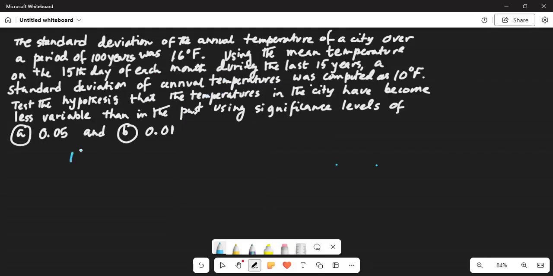So a null hypothesis, H sub 0, is sigma, the population standard deviation, equal to 16. Okay, so that's the null hypothesis.